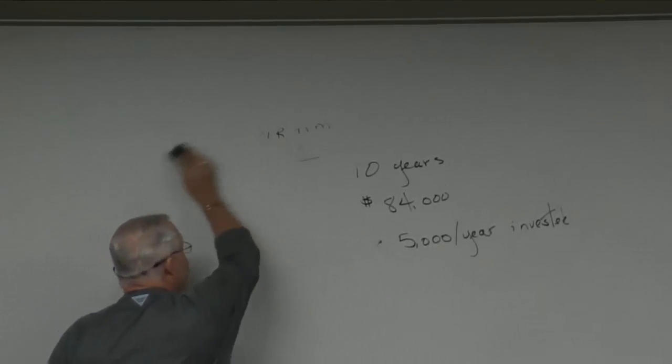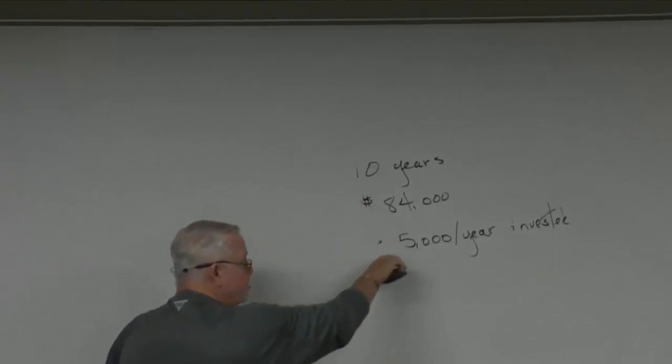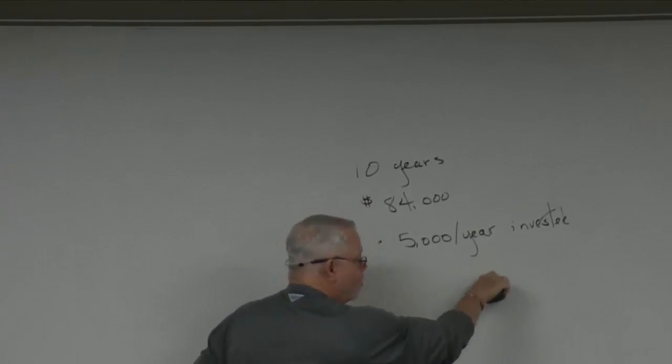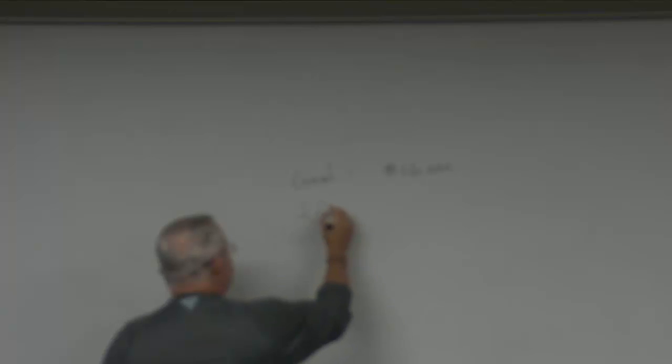These are all what we call annuity problems because they have a regular payment: so much per month, so much per quarter, so much per year. Let's do a different one. Suppose my goal was to have $16,000, and I know that I can earn interest at the rate of 8% per year.